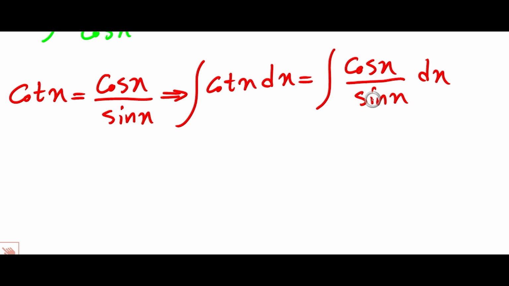Now look at the denominator, sine of x. What is the derivative of sine of x? It is cosine of x. This time it's a perfect match. We don't need to adjust anything. So we have the integral of cosine of x over sine of x equals ln of the absolute value of sine of x plus c.